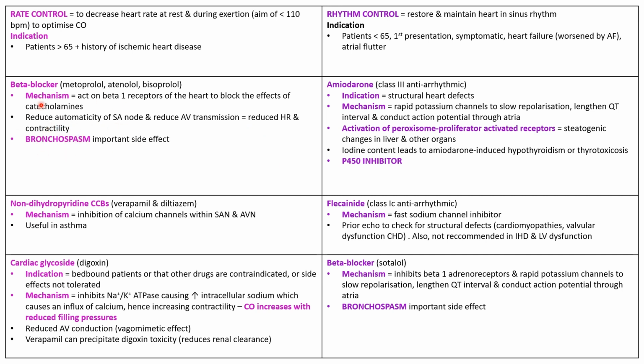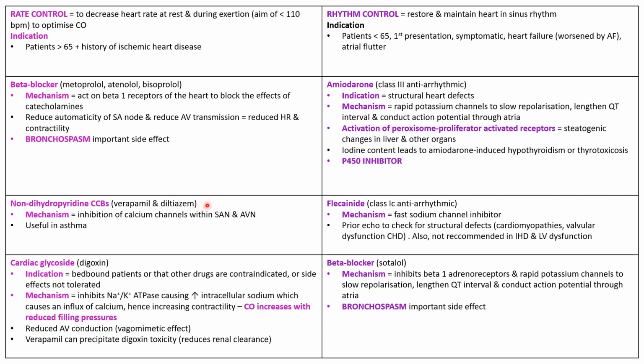But remember, with beta blockers, bronchospasm is an important side effect because we have these beta receptors within the lungs as well. So that's important to be aware of. And if that was the case, we have these things called non-dihydropyridine calcium channel blockers, verapamil and diltiazem.